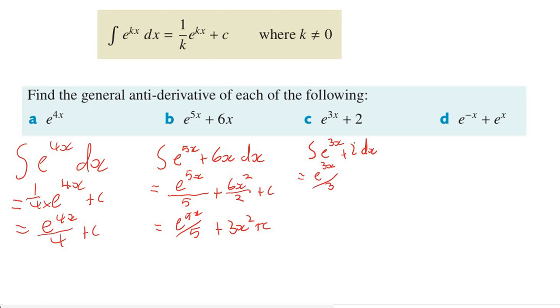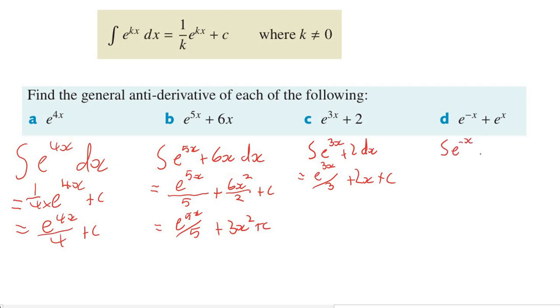When you integrate 2, it has no x term, so that means an x term basically gets added onto it. Plus 2x. Plus that constant of integration. None of these questions are actually asking us to solve for the constant of integration, so we don't need to worry about it.